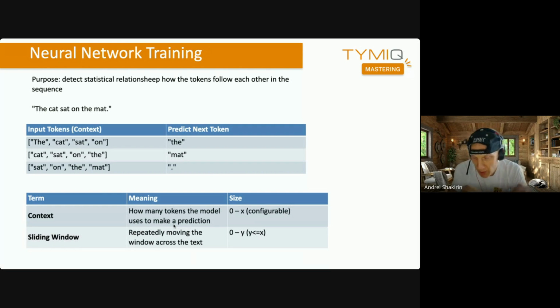So we say we analyze 10 tokens or 100 or 1,000 tokens to predict the next one. And sliding window is exactly the current length, what is our context and what we use for prediction. So the first one is the maximum, and the second one is the current window, what we are sliding.